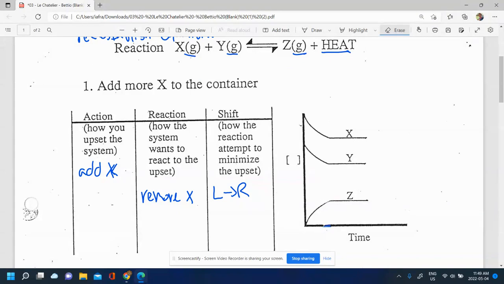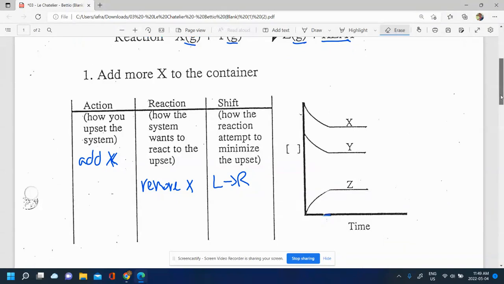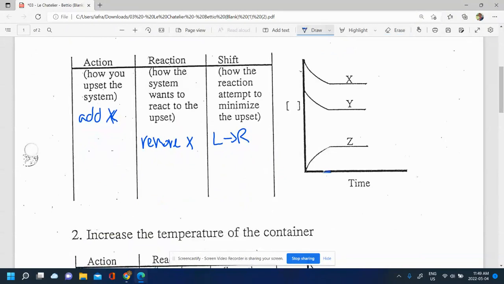And then eventually your equilibrium can be readjusted. So basically what's happening here is that the shift occurs to use up the added species.